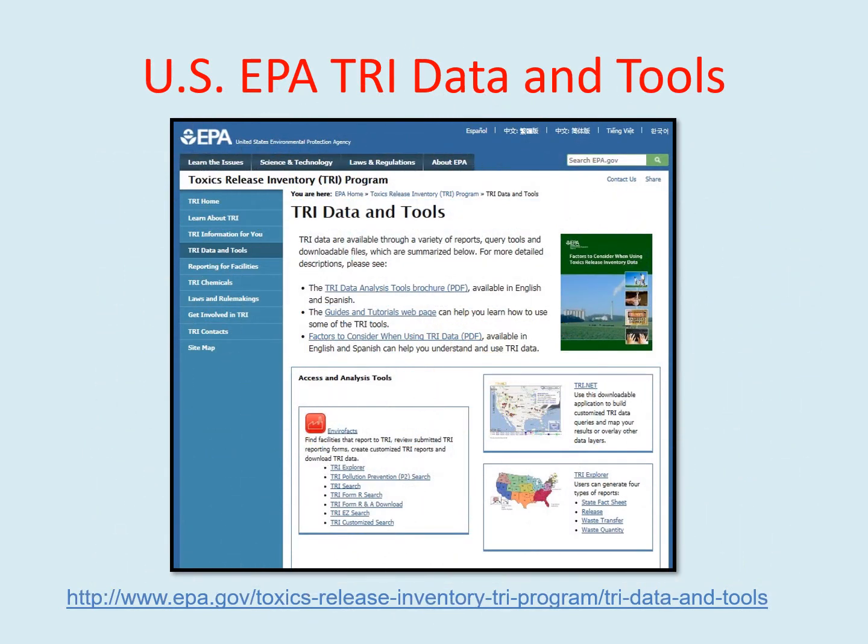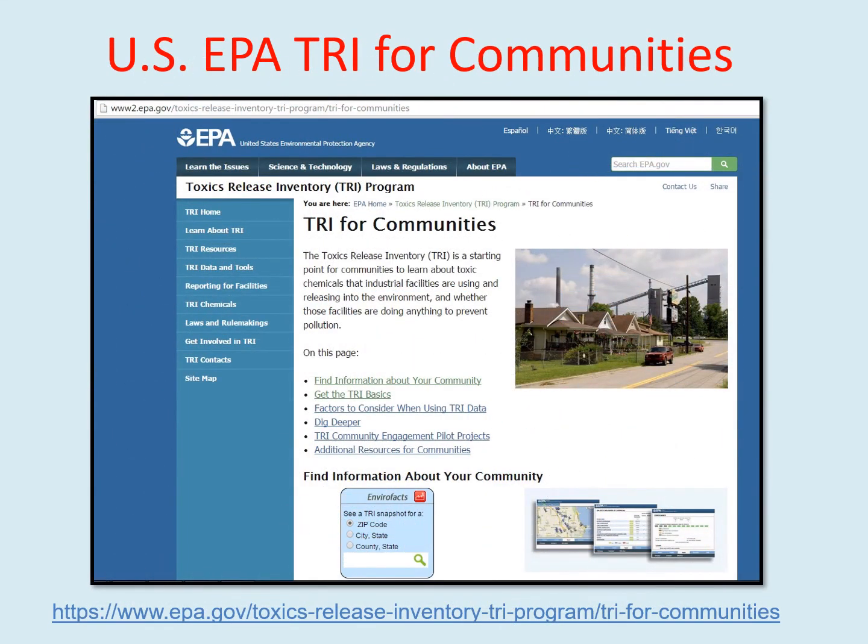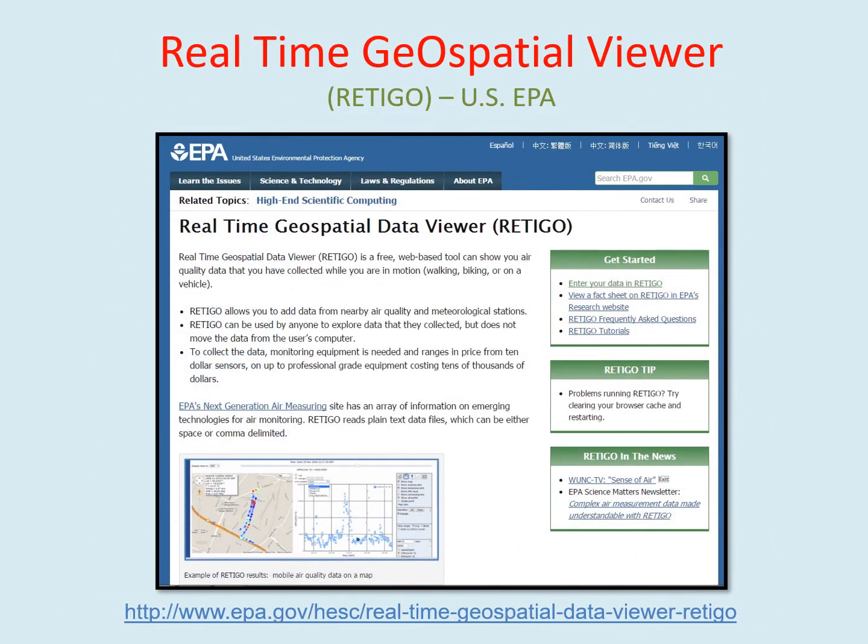There are several other TRI data and tools produced by the Environmental Protection Agency that are very user-friendly, as you can see here. Also, there are tools such as the RETIGO Real-Time Geospatial Data Viewer, which is an EPA mapping platform to which communities can add their own data, just as in ArcGIS Online.